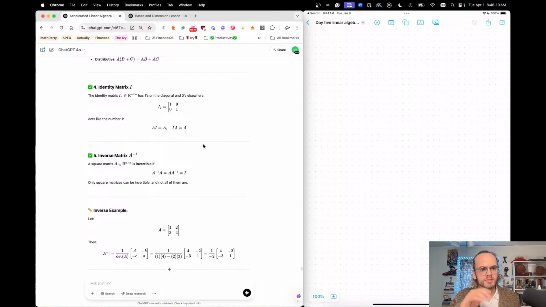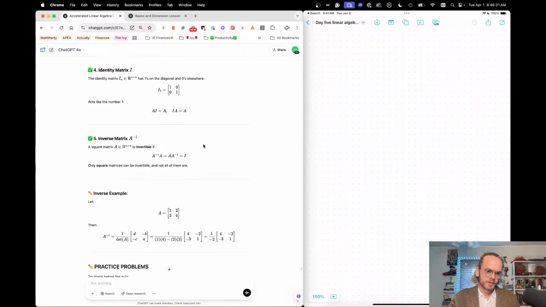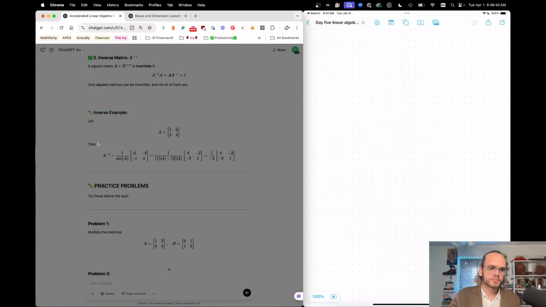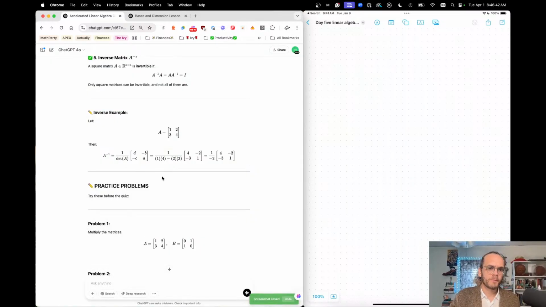Then I have the inverse matrix here. The inverse matrix is what I multiply a matrix by to get it equal to the identity matrix. So here's an example of the inverse. I have 1, 2, 3, 4. So there's this formula that I'm going to screenshot here. It's kind of better than taking notes in a lot of ways, just to quickly screen grab things that I want to review.